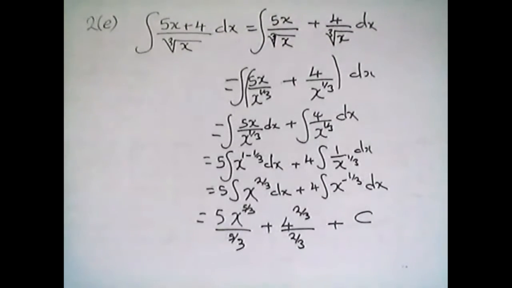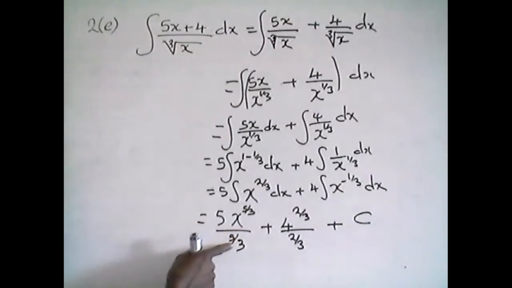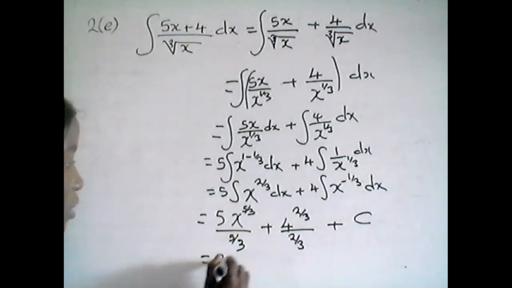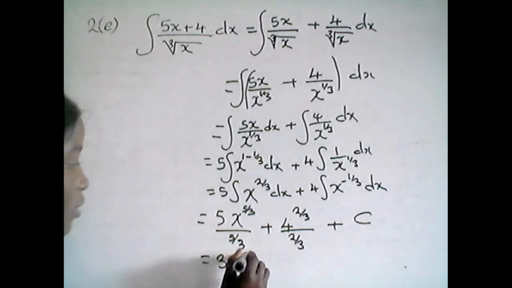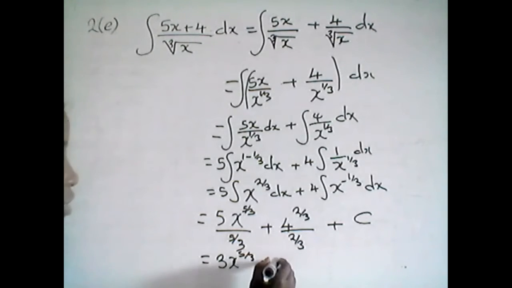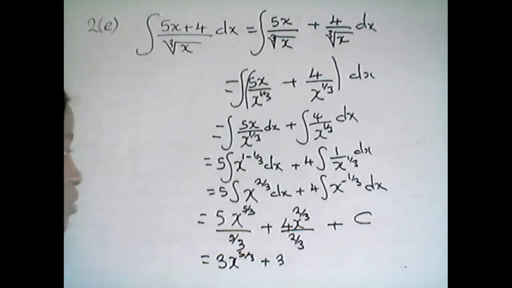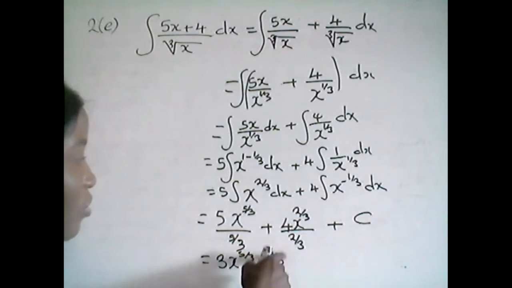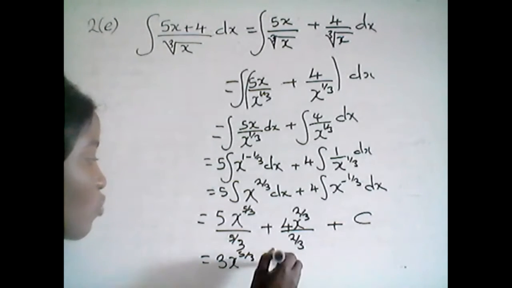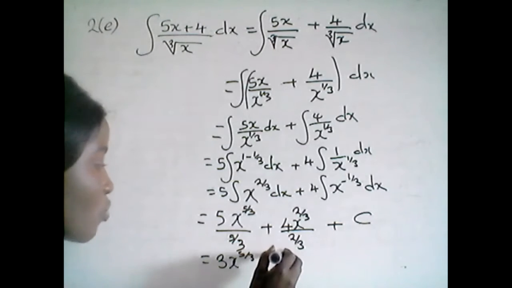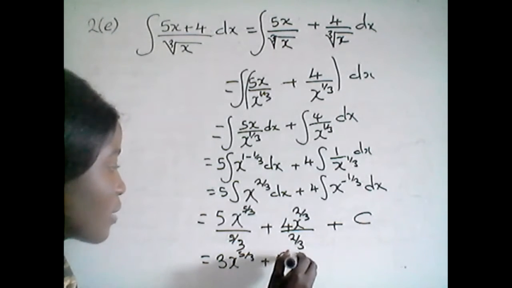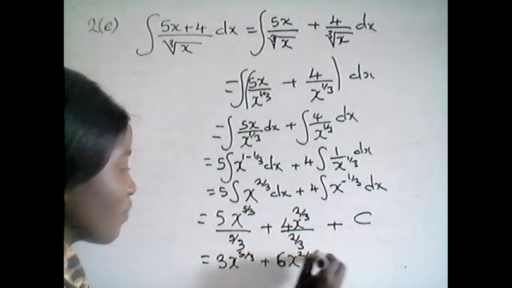Okay, and then this part here, when you divide, you're going to find that this 3 is going to be here. So 5 and 5 will cancel. I'm just going to remain with 3x to the power 5 over 3 plus, here 3 times 4 is 12, so we just have 12 divided by this 2, so we just get a 6. 6x to the power 2 over 3 plus c.